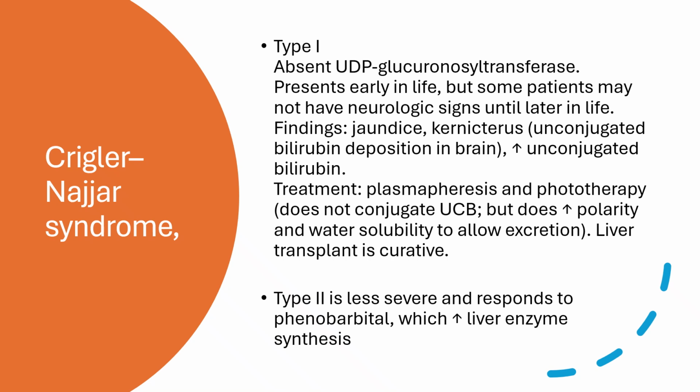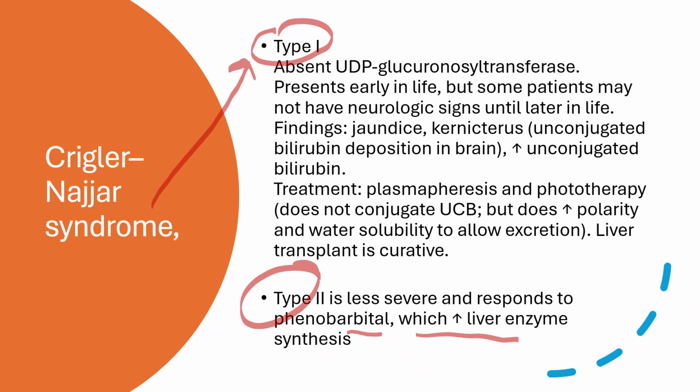So Crigler-Najjar syndrome has two high yield types, type 1 and type 2. Type 2 is less severe and responds to phenobarbital, which increases liver enzyme synthesis. Type 1: the UDP-glucuronosyltransferase is absent or severely decreased, presenting in early life, though some patients may not have neurological signs.